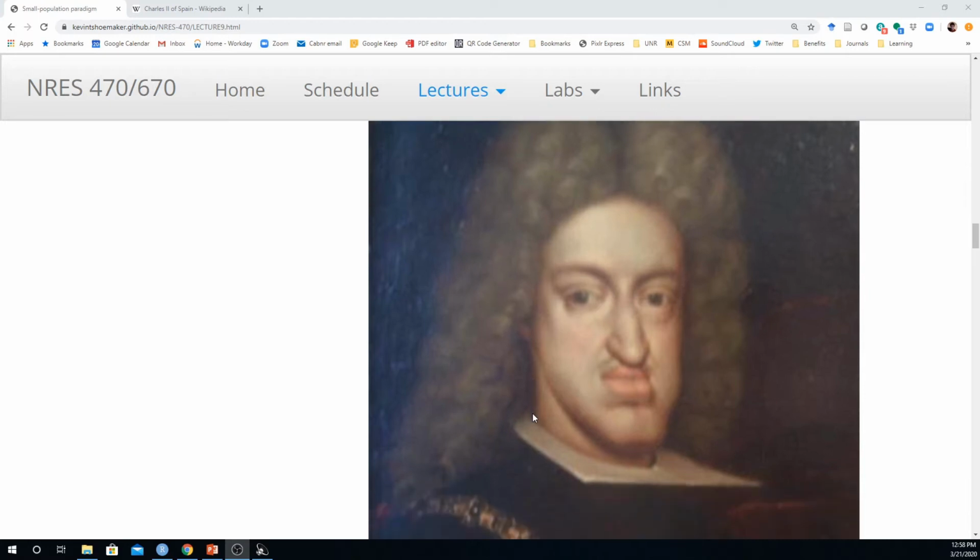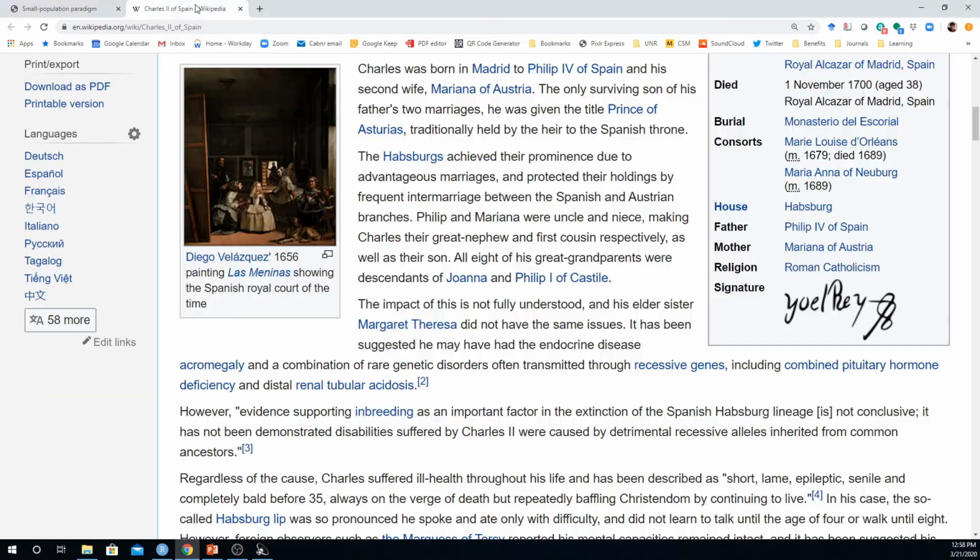I just want to point out this as a classic example of inbreeding from world history. If we look at the Wikipedia page for Charles II of Spain, I want to point out one paragraph. He's a member of the Habsburg dynasty.